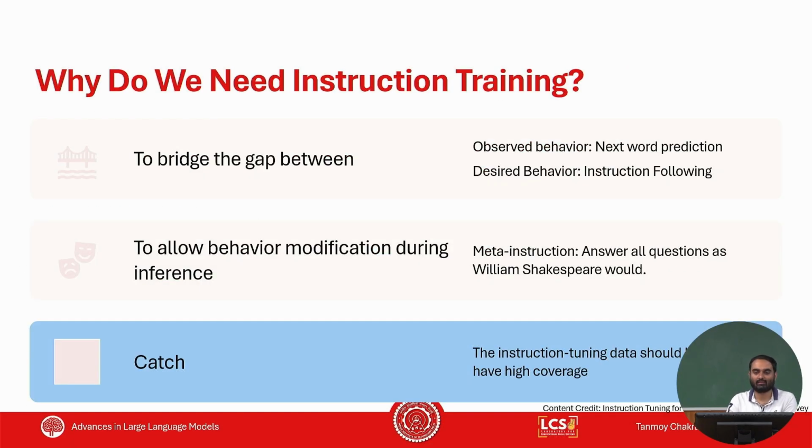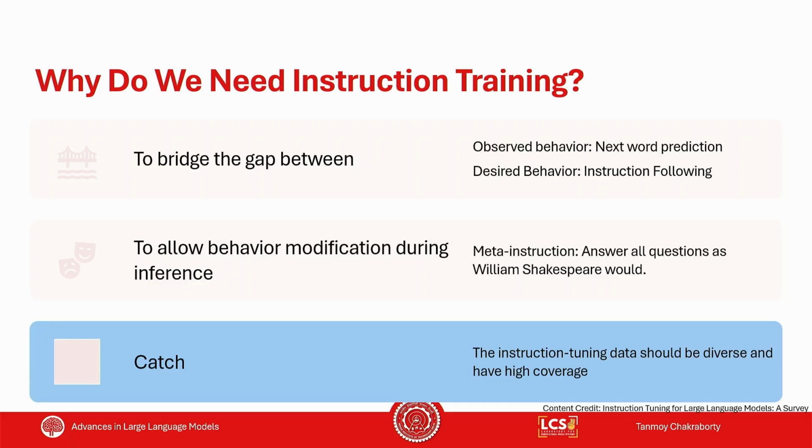Okay, so why is instruction fine-tuning needed? Next word prediction is quite obvious. The model knows how to predict next words, but it doesn't know how to follow instructions, right? The second objective is that we sometimes want the model to follow a certain style or meta instruction.